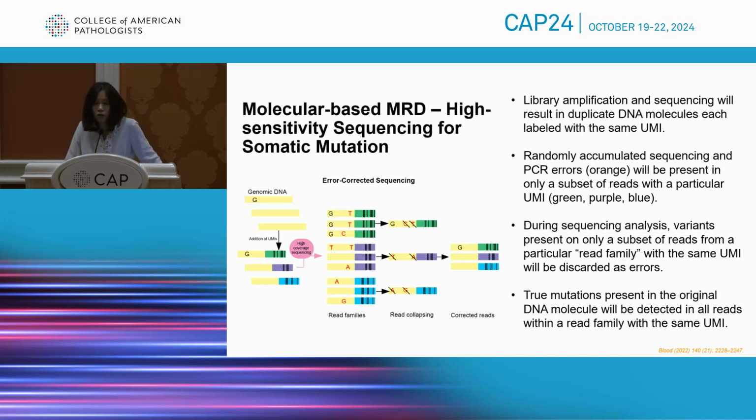But the real mutation that's highlighted in black, that G, will show up in all the green reads, because that's what our template was really showing. So it's going to survive the analysis and be called as a mutation. With this extra step, you will be able to identify a mutation at a very low percentage, even below the error rate. So that's how we can potentially use a somatic mutation to track minimal residual disease, or measurable residual disease.